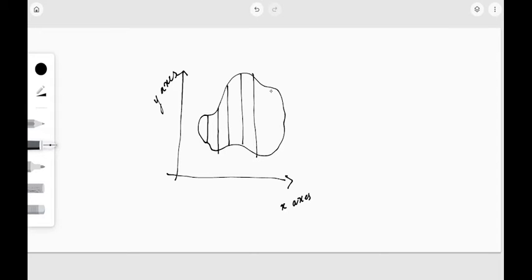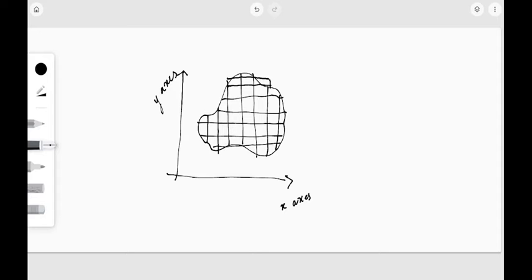rectangular sub-regions. There we partitioned the interval; here we will be partitioning it into rectangular sub-regions. It might be a mess, but I hope you can make a figure.